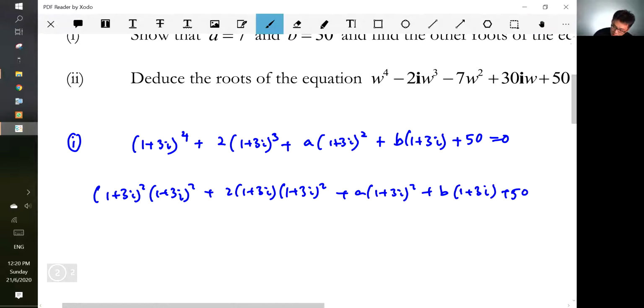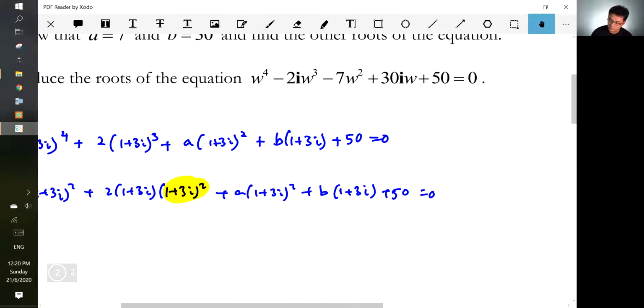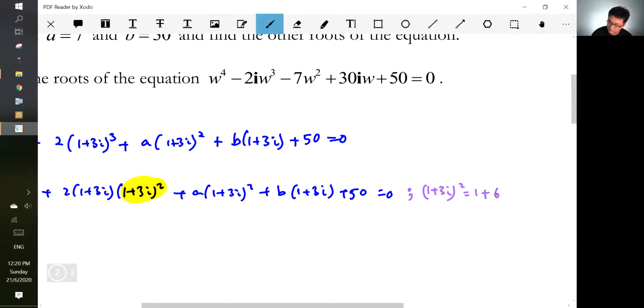You can key in the calculator for 1 plus 3i squared and see what you get, but you act like you expand properly. So 1 plus 3i squared is 1 plus 6i plus 9i squared, which is minus 9. So this is minus 8 plus 6i.